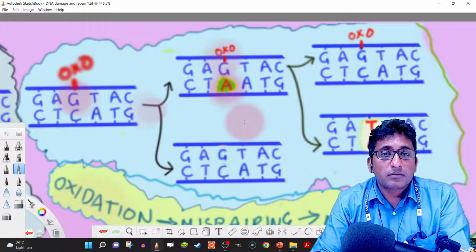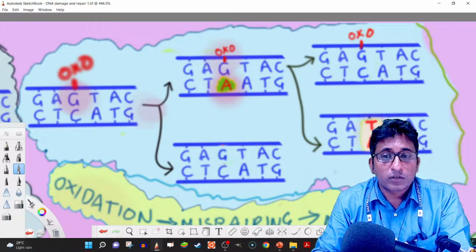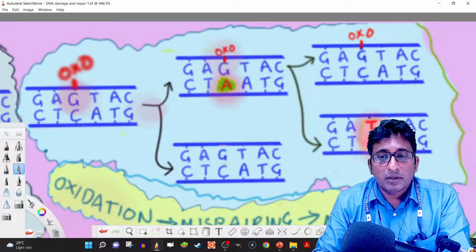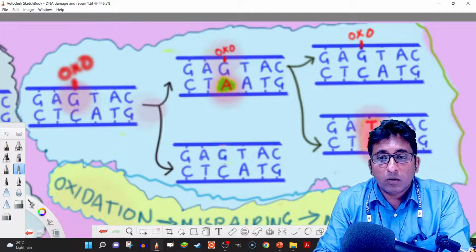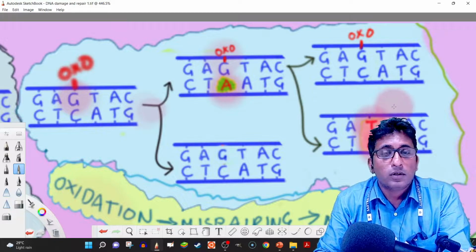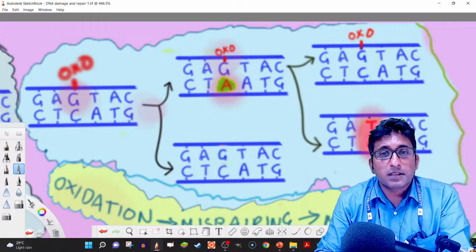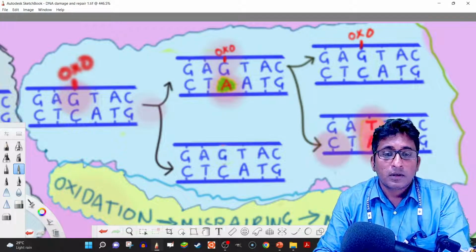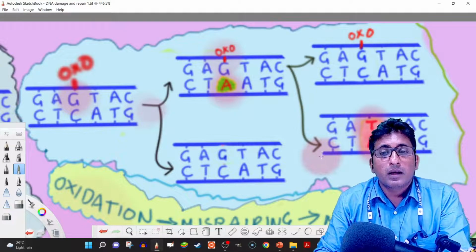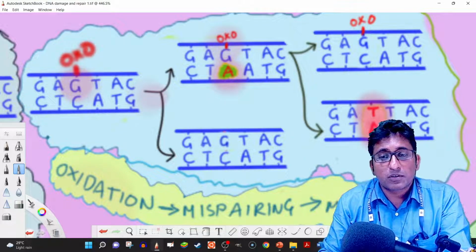And if the next round of replication does occur, then against adenine, a thymine is incorporated, and now this is not a mismatch, there is no DNA damage, nothing like oxidation either, and this is going to get established as a mutation. That is how oxidation of a base, for example, could cause mispairing, and mispairing would eventually result in the establishment of a mutation.